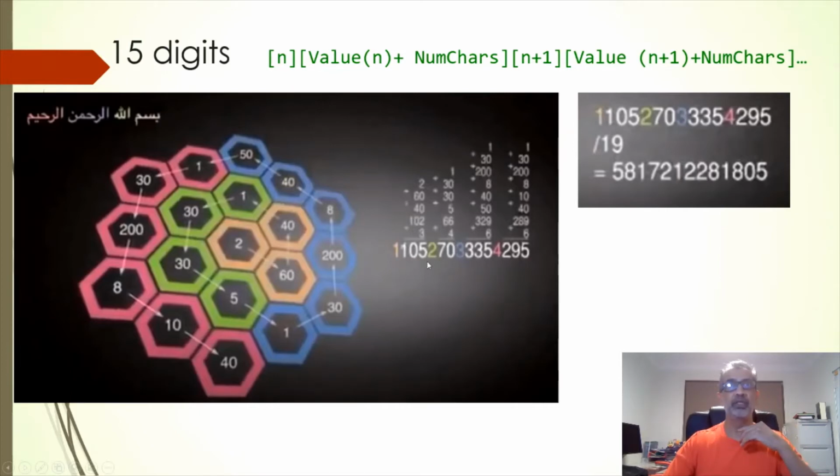So 329 we know is the value before. He adds that in and also adds the number of characters. So it's got this n value, n number of chars, and then adds the value back on and keeps going. So it comes up with this sequence.